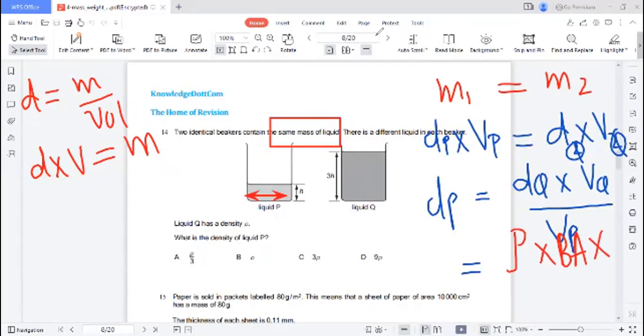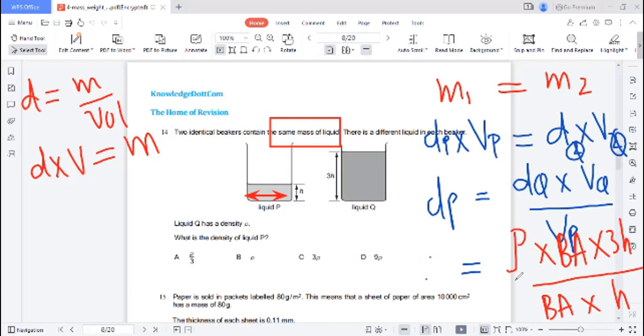The height of Q is 3h and volume of P is base area into height. Both have same base area, so I'm gonna put it like this.